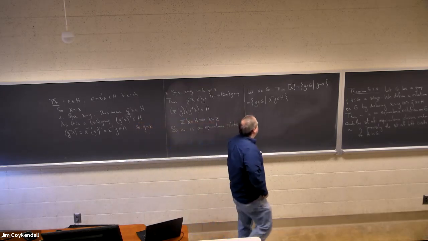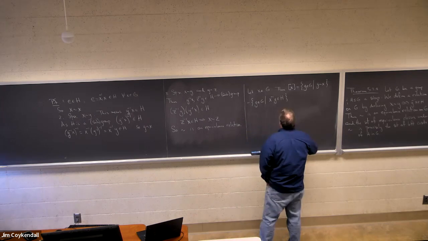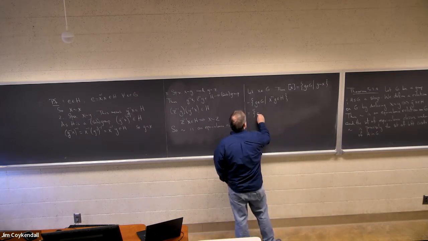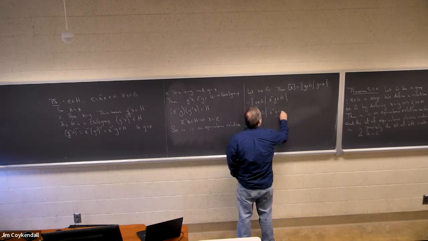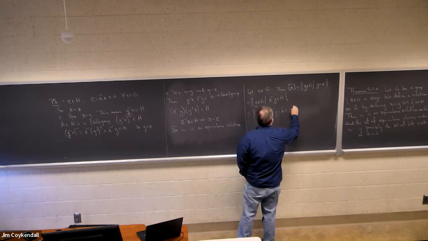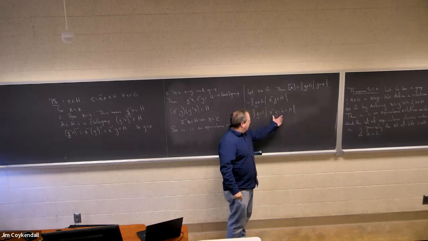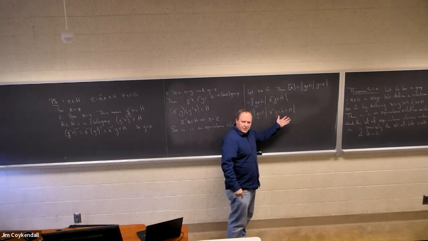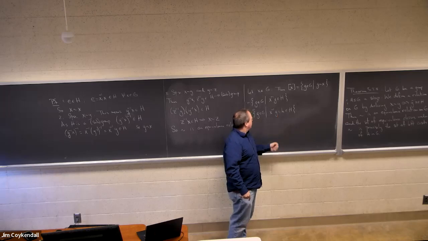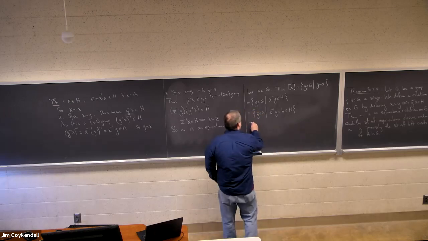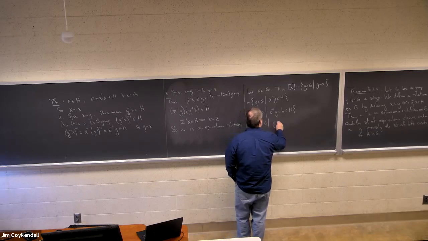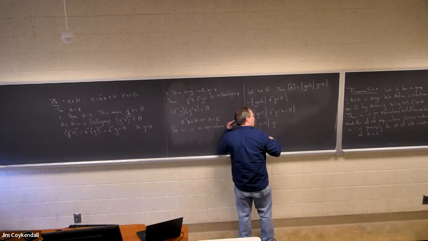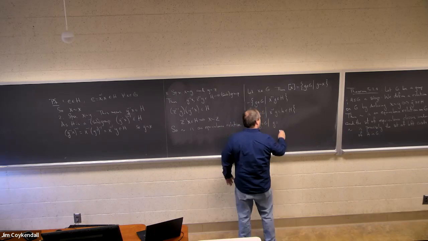Okay, what does that mean? This is the set of g in G such that X inverse g is equal to some little h in H. X inverse g always has to be some little h in H. And so this is the set of g such that, multiplying on the left side by X, g equals Xh.